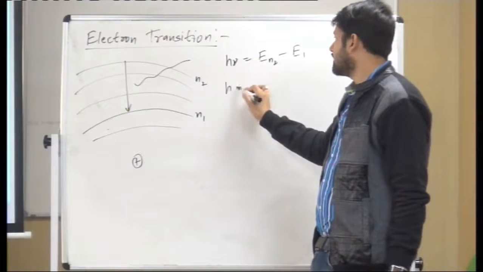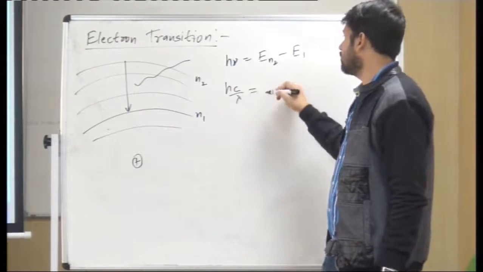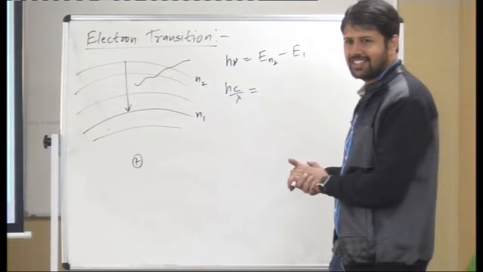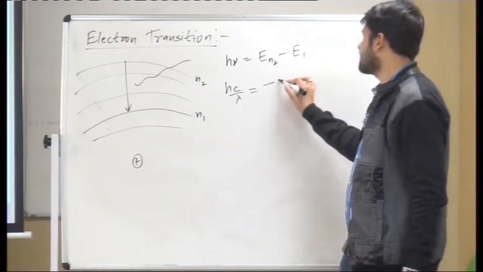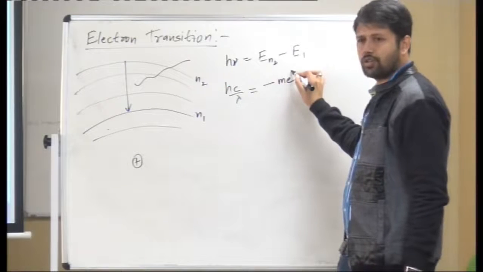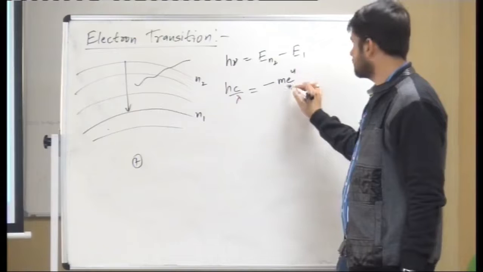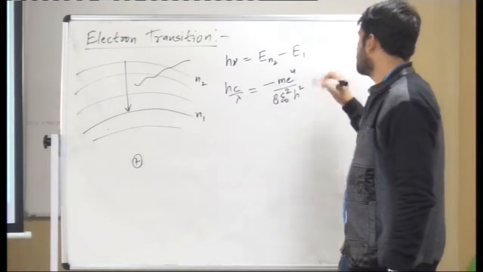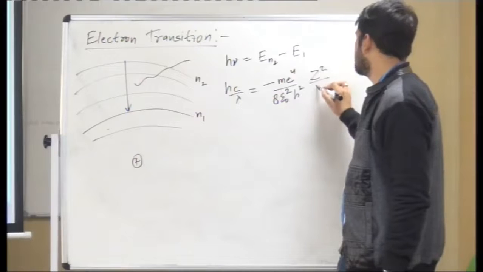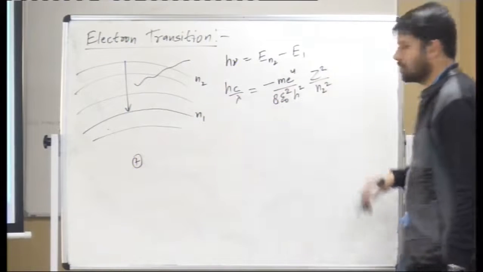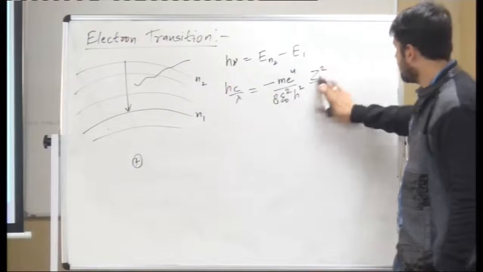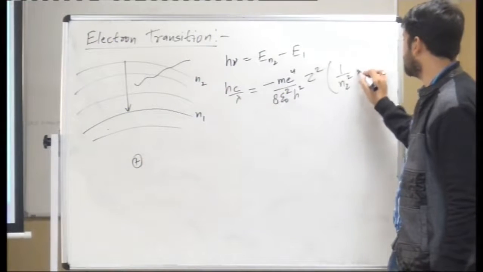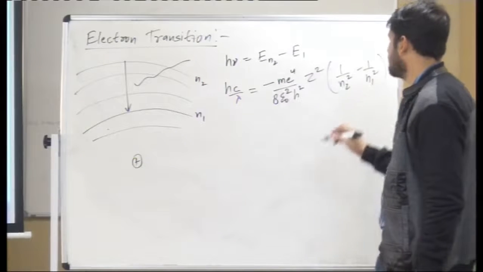And hc by lambda is, what's the expression for energy? Minus m e^4 by 8 epsilon naught square h square, something like this. This is common, so I'll just write 1 by n2 square minus 1 by n1 square.